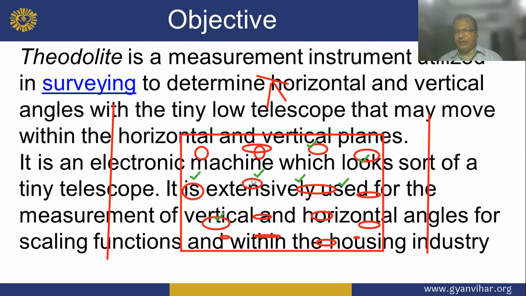I think you believe you need the chain, compass, dumpy and auto level. I think you are understanding this. But no, nothing else is needed. One separate instrument is sufficient for your work. How?